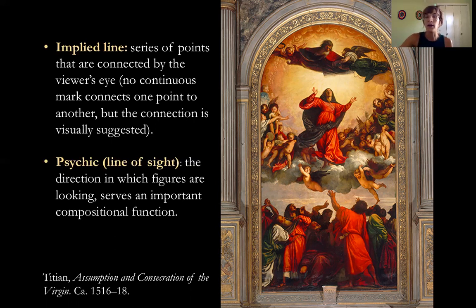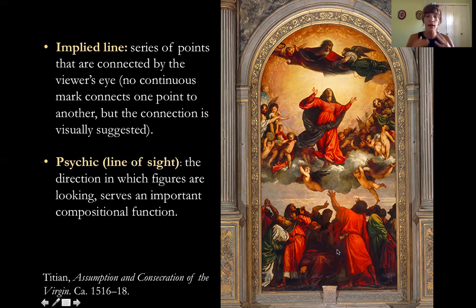So here you have the world of the terrestrial, and then you have clouds and angels, these little cherubs, that divide this space from this heavenly, sacred space, where you see the Virgin at center, and she looks up, and then you see this God figure with other angels at the top.